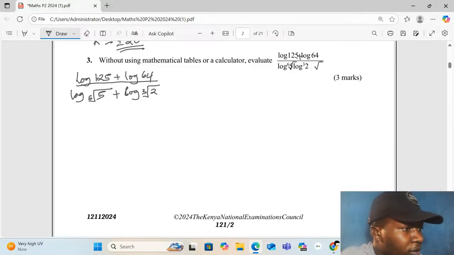We had some slight printing errors there, so this is how it's supposed to be.